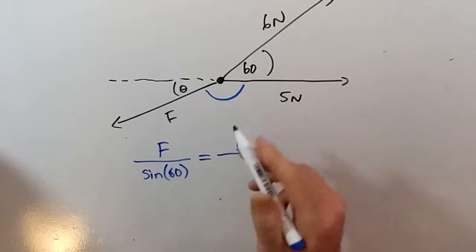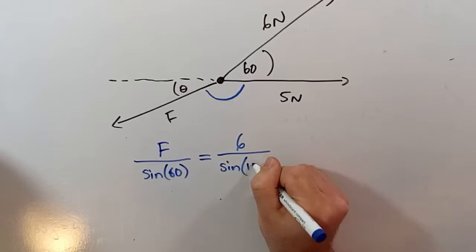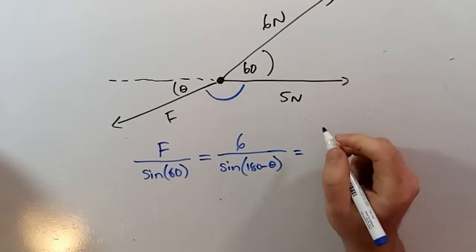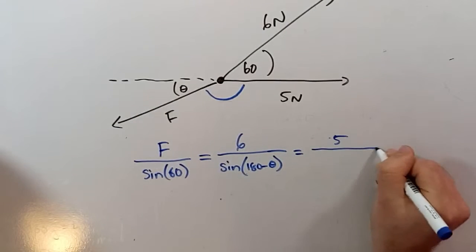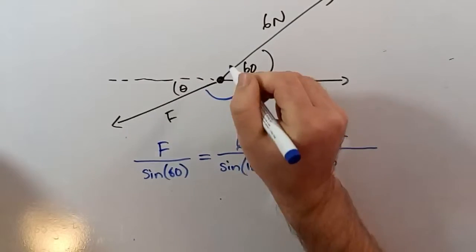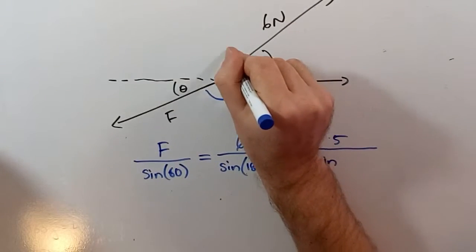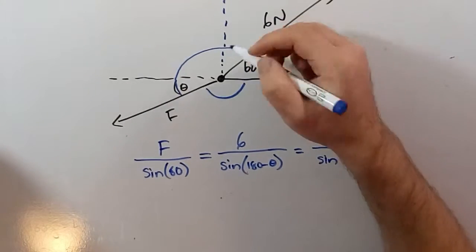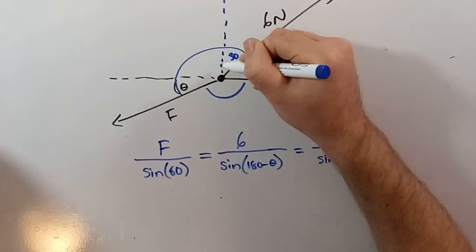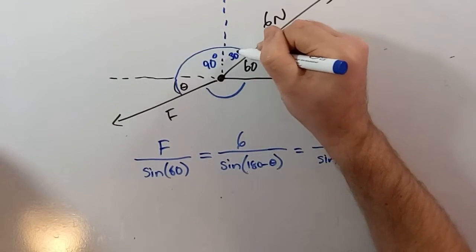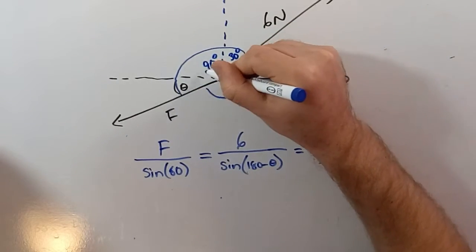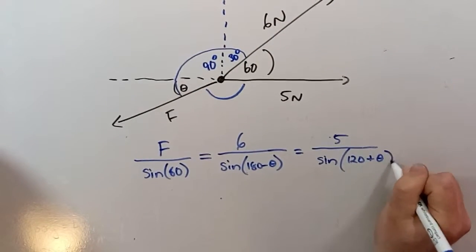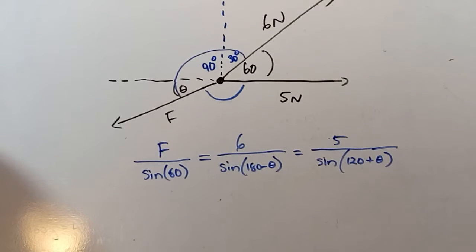This is going to be 180 minus theta. 180 minus theta has to equal 5 on sine of its opposite angle. So let's break this up. Let's go vertically. This is going to be 30 here. Here we've got 90. And here we've got theta. So this is 120 plus theta.